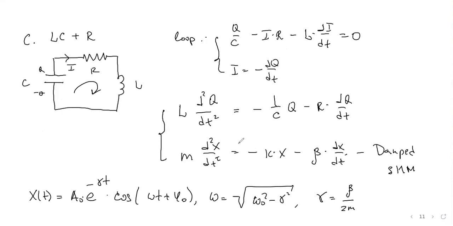It's very nice. I don't remember if it's really beta over 2m. Something like this I remember. It should be like this. And capacitance doesn't matter, it's the K constant.